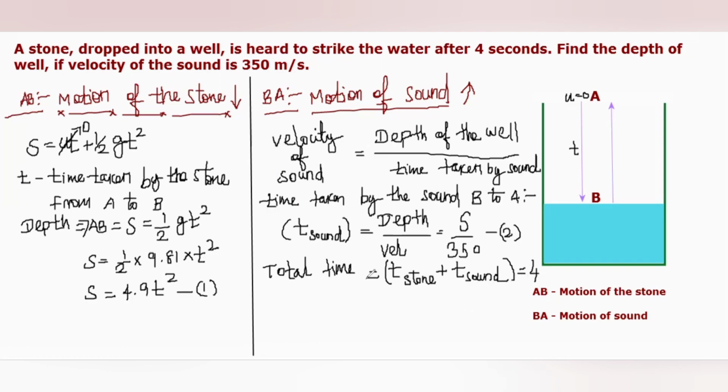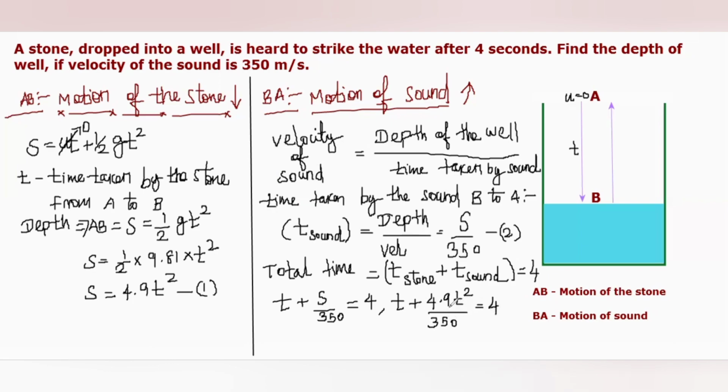So the T stone is simply taken as T plus the T sound. We can substitute S divided by 350, that equal to 4. And S equal 4.9 T square. Then substitute it. T plus 4.9 T square divided by 350, that equal to 4.